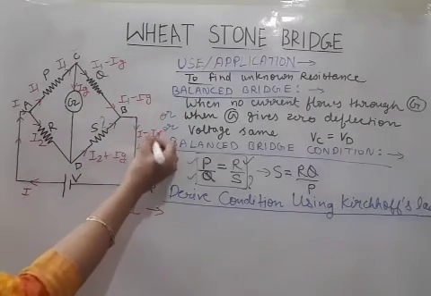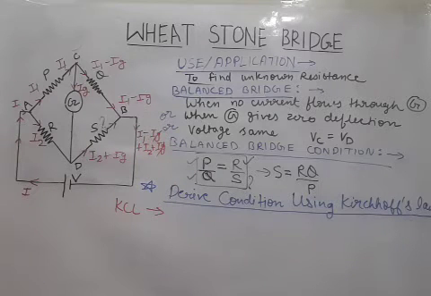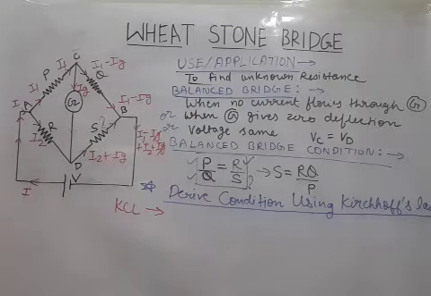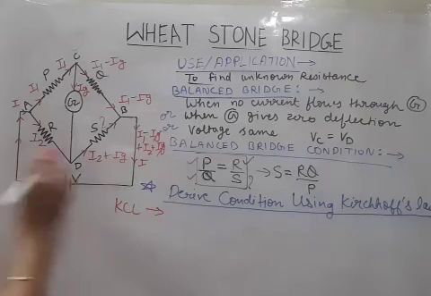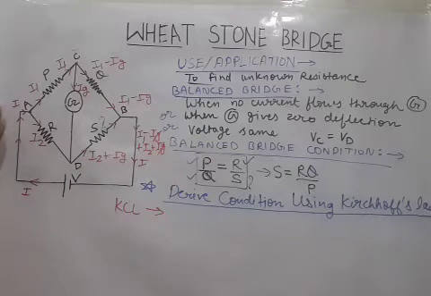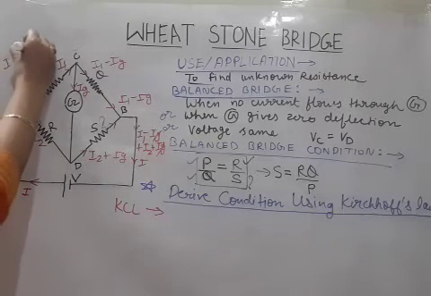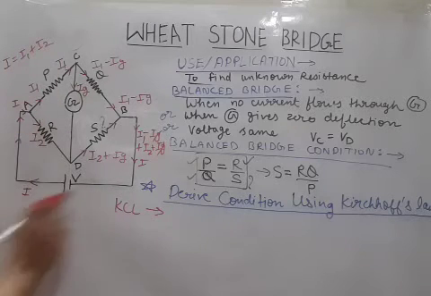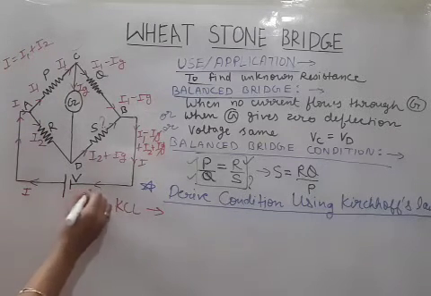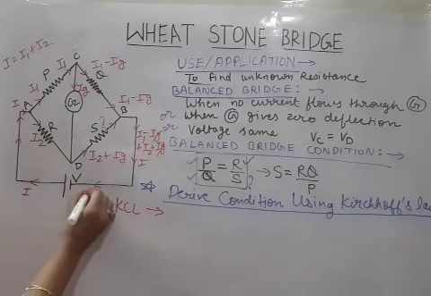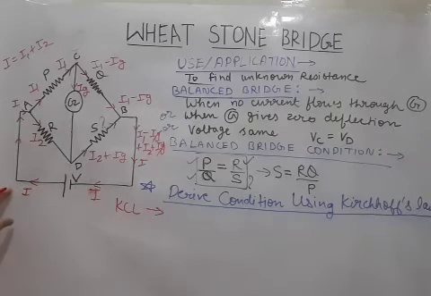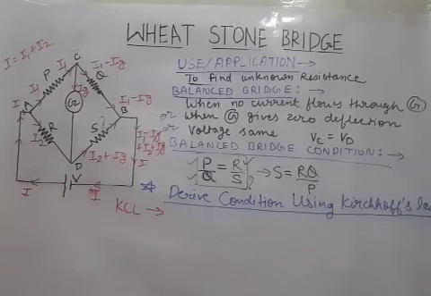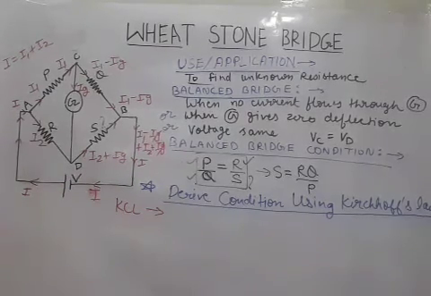If we add the two currents, Ig and Ig cancel. What is left is I1 plus I2, and I1 plus I2 means I only. So whatever current the battery gave, the same current is returned to the battery. This way KCL is applied.